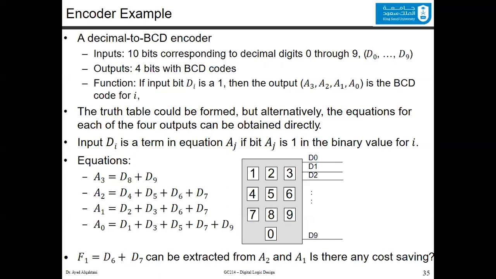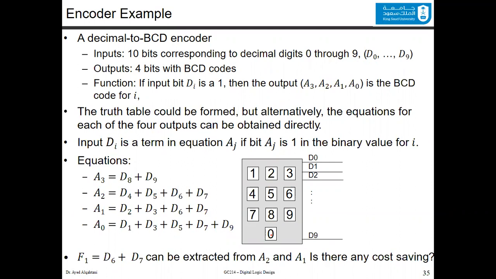Now we will check another encoder example. This example is a decimal to BCD encoder, and the inputs here are the 10 bits corresponding to the decimal digits from 0 through 9. So you have D0, D1, D2 up to D9, and you can see it here in this keypad.